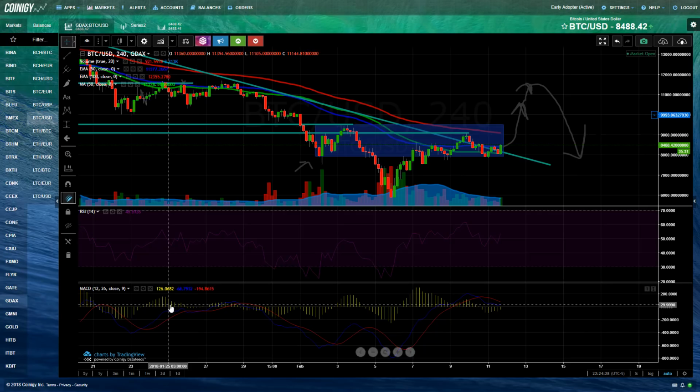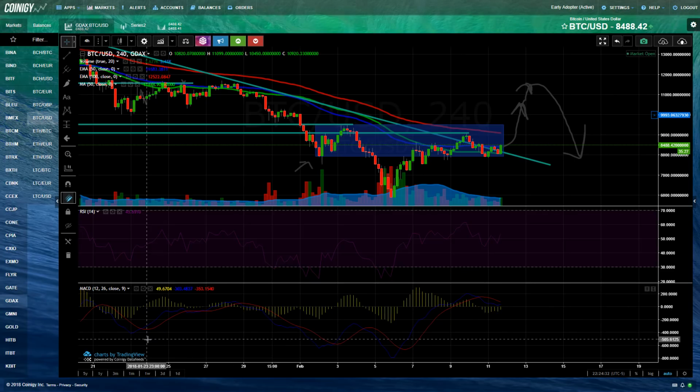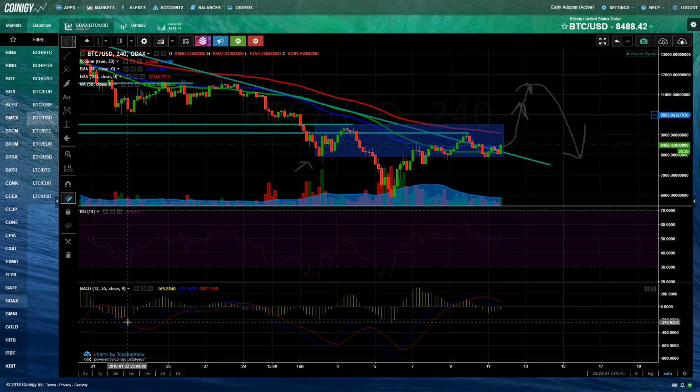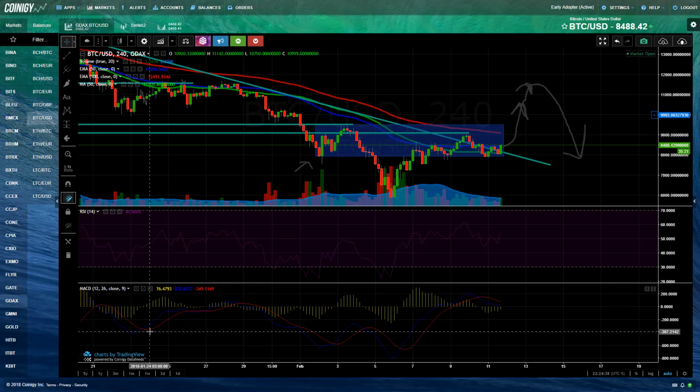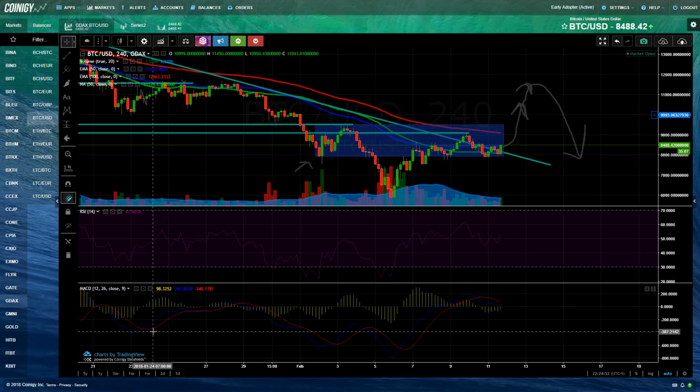All right, fair enough. One of the signals that we can look for is when you have this red line crossing under or over, however you want to look at it, the blue line, your MACD line. So you have your signal line crossing over the blue line here. It is an indication to buy.